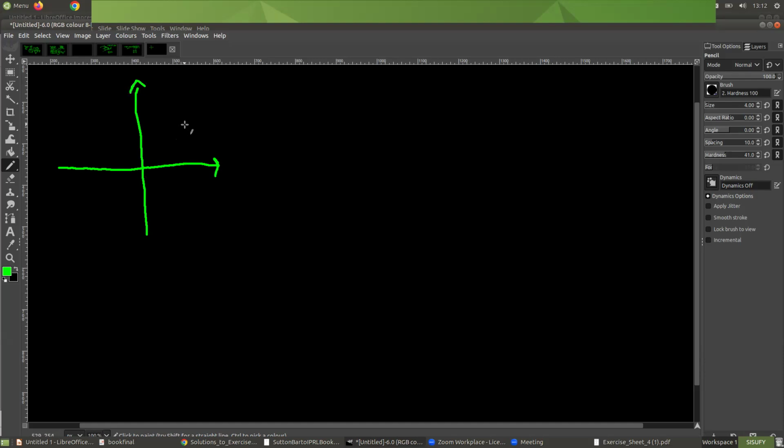So imagine we have data like this. I'm going to put some data like that, and like this.